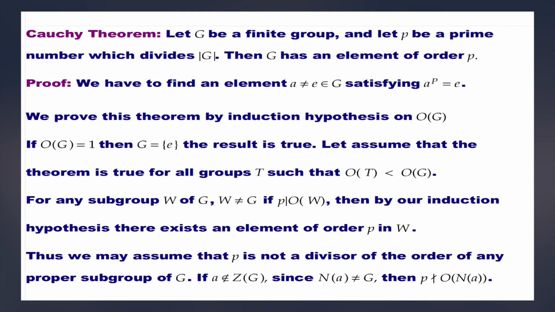We prove this theorem by induction on the order of G. If the order of G is equal to 1, then G is the identity, and the result is true.